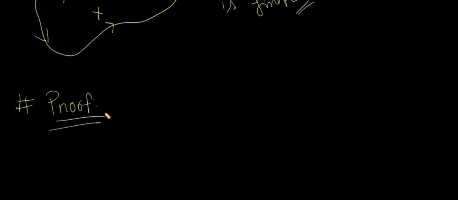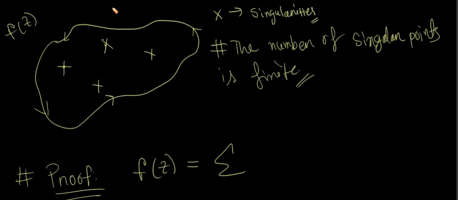This is the proof. You know from your Taylor and Laurent series experience that this f of z can be written as a Laurent series around any of the singular points. So let us just consider only one singular point.